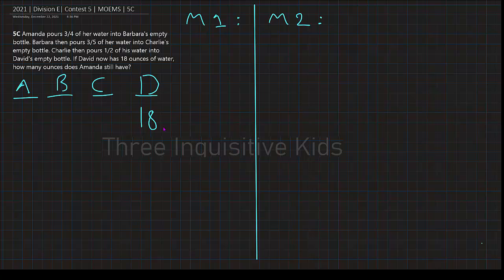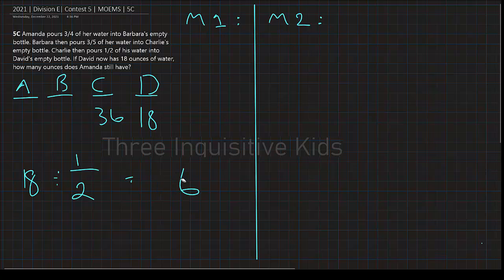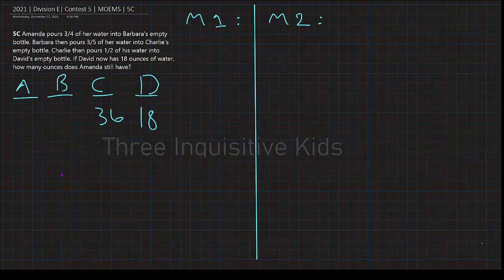And that is 1/2 of Charlie's. So 18 is 1/2 of Charlie's. Then what would Charlie's be? Charlie would have 36 ounces before he gave any to David. We also know that Charlie was given 3/5 of Barbara's water.